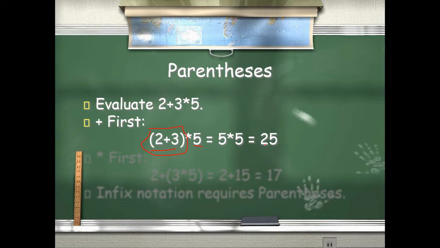So it will be 5 into 5 as 25. If I am changing the parenthesis here, you can see that this 3 into 5 I am going to put into the parenthesis. So it will be 3 into 5 as 15. So it will be 2 plus 15 as 17. So for this expression, I can either get a value 25 or I can get a value 17 depending on where I am putting my parenthesis.